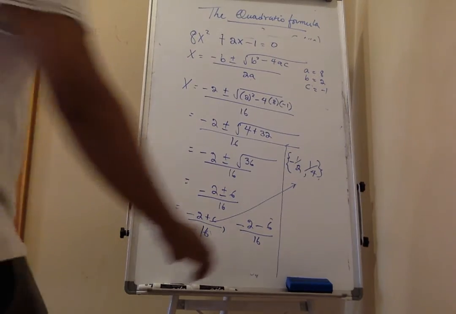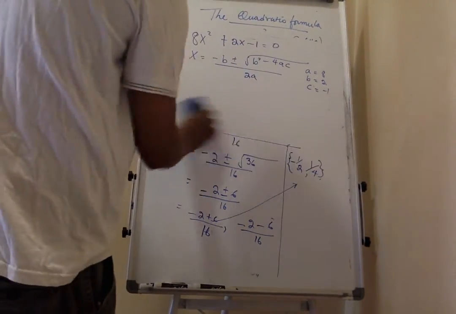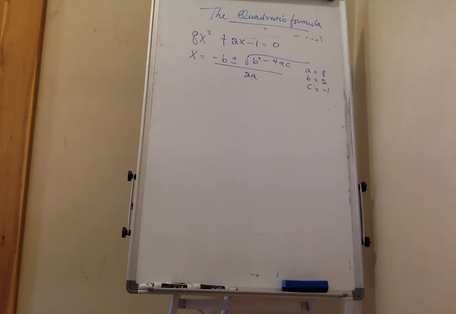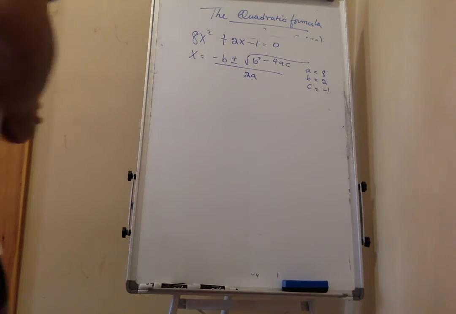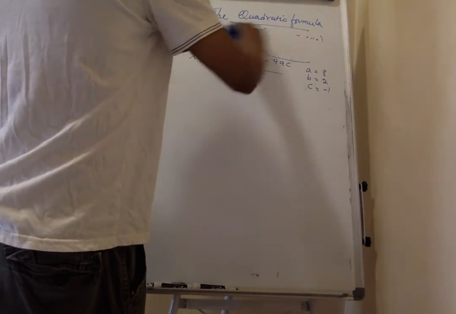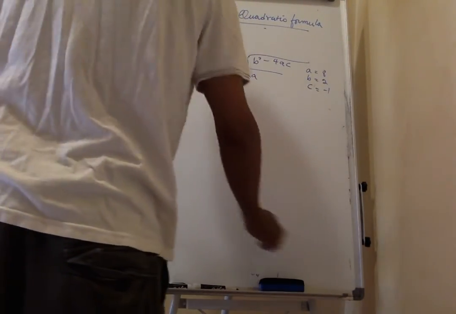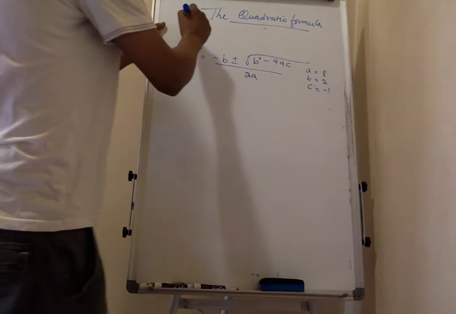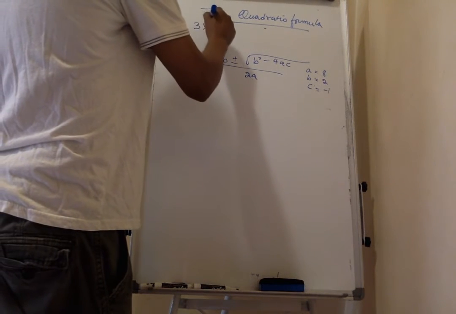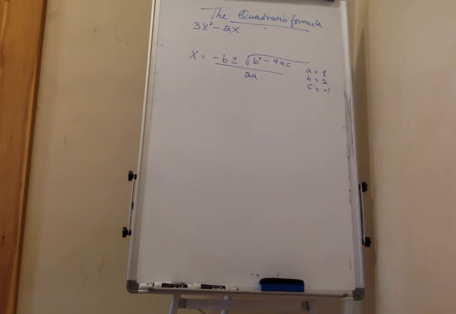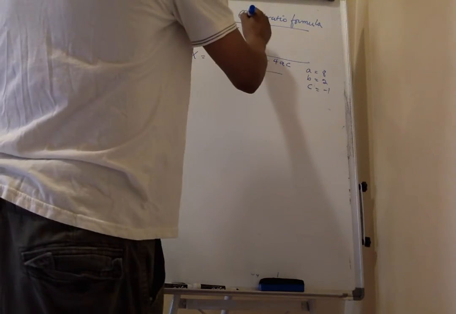Okay? Let me do another one. So, we have now 3x squared minus 2x plus 4 is equal to 0.